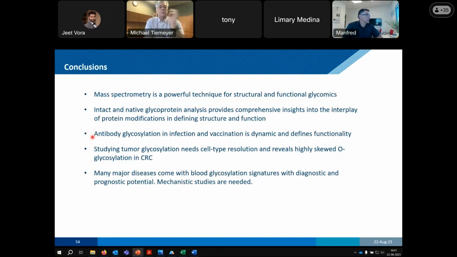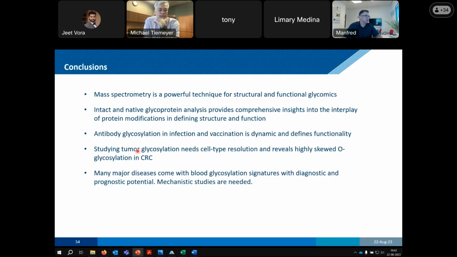What astonished us was finding that antibody glycosylation in infection and vaccination is quite dynamic. We saw changes within a few days, whilst if you merely look at antibody half-life of a couple of weeks, you would expect a slower, less dynamic pattern of antibody glycosylation. And this is, of course, very relevant because antibody glycosylation does define functionality.